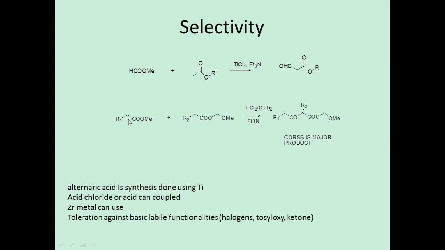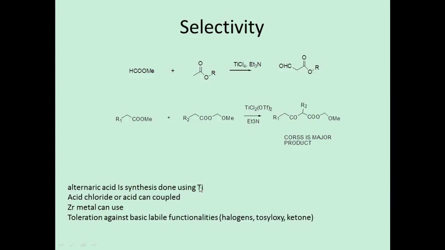It normally goes to self condensation, but the use of titanium compounds can enhance the crossed selectivity. So this is a general crossed reaction, not self condensation, using titanium. A cross product is the major product.